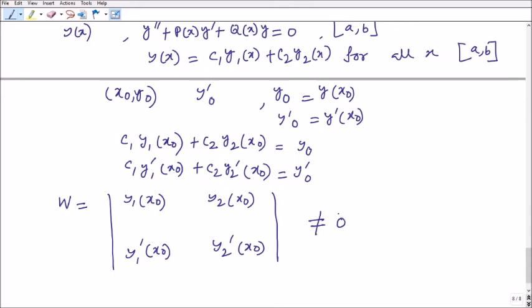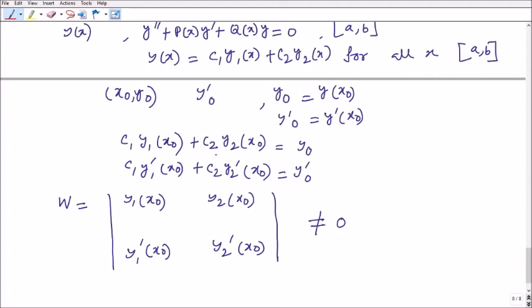So let me repeat again. If y of x is any solution of the homogeneous differential equation on that interval AB, and if y1 and y2 are the independent solutions, then we can find suitable values of C1 and C2 such that we can write y of x is equal to C1 y1 plus C2 y2.